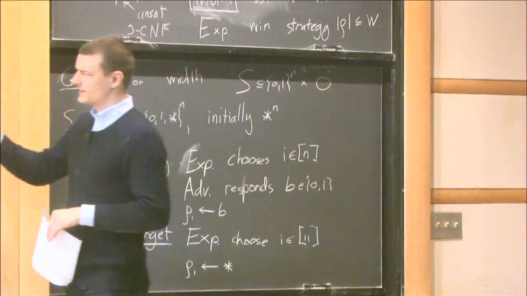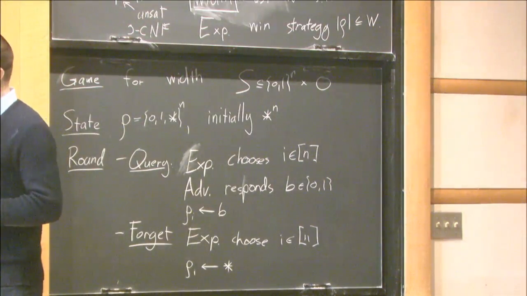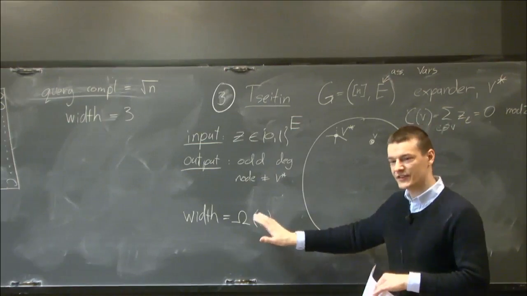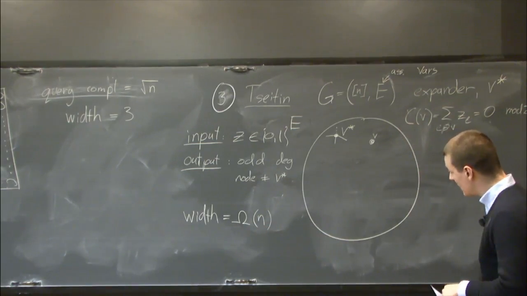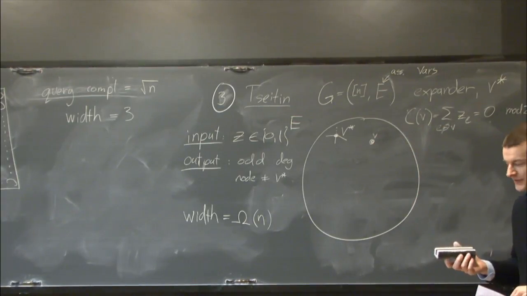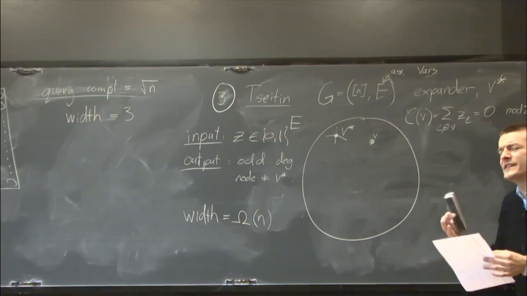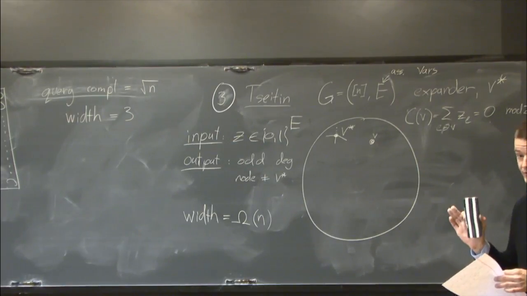So let me sketch this adversary strategy against any explorer that uses sublinearly many queries. So the strategy uses this notion of, well, we call them critical truth assignments or critical inputs, which just means that they have a unique solution.